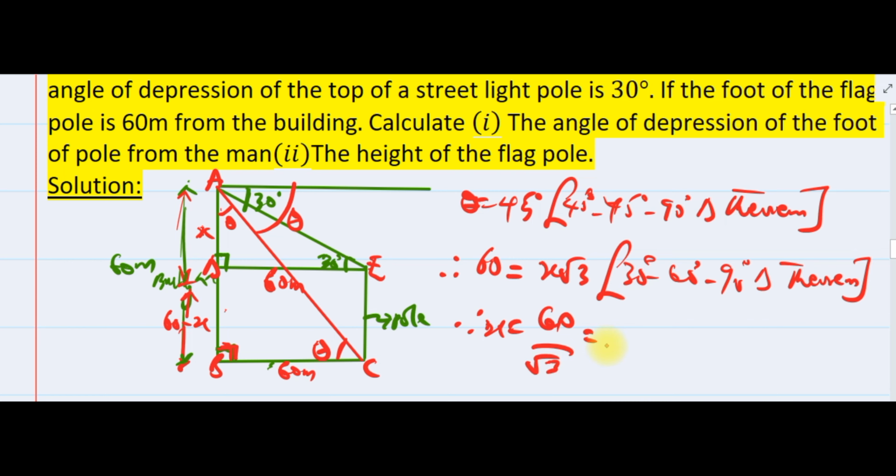If you rationalize, this is 60 root 3 over 3, which is 20 root 3. So our x is 20 root 3. Therefore, the height of the pole is 60 minus 20 root 3. That's our final answer.